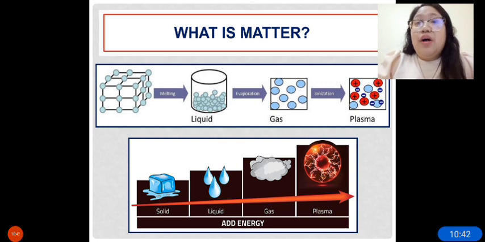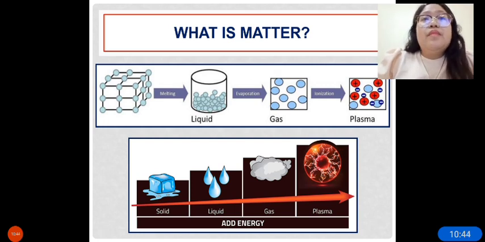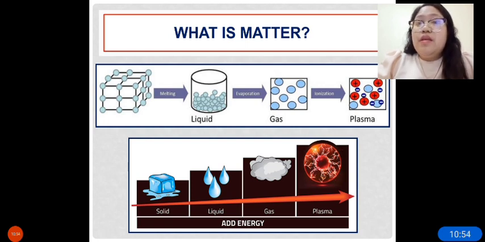So, let's talk about melting first. When you add energy like heat to a solid, it can turn into a liquid. So, as what you can see in the image, this is what's happening when ice melts into water. Okay?